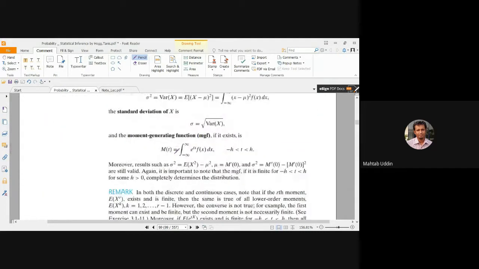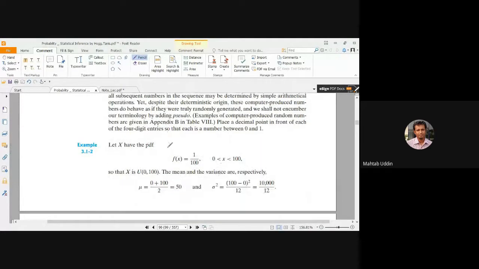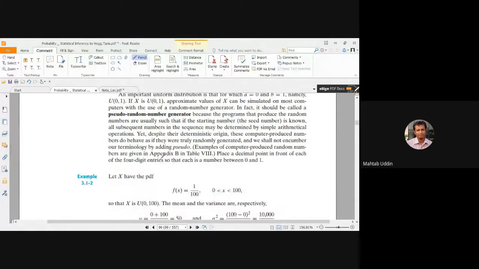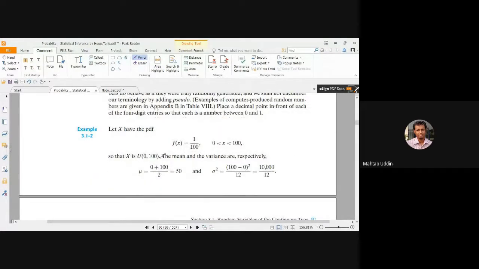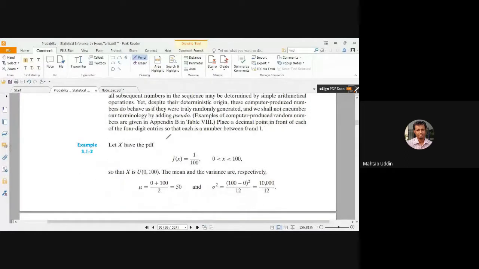Then you can see the mean, variance, and moment generating function that I have derived given here. Before going to example 1, I want to show example 2, because example 2 is very similar to this. We can see, let X have a PDF f(x) = 1/100, x between 0 to 100.